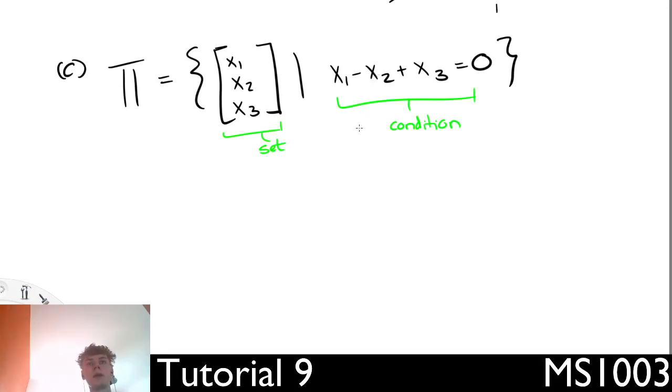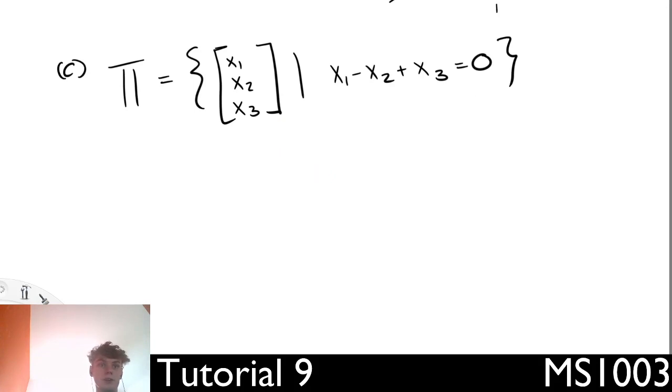What you want to do when you find a basis, not always, but most of the time in linear algebra, is try and take the condition and plug it into here. Changing it to so-called parametric form. But this is, I guess, besides the point. I'll show you how it's done.